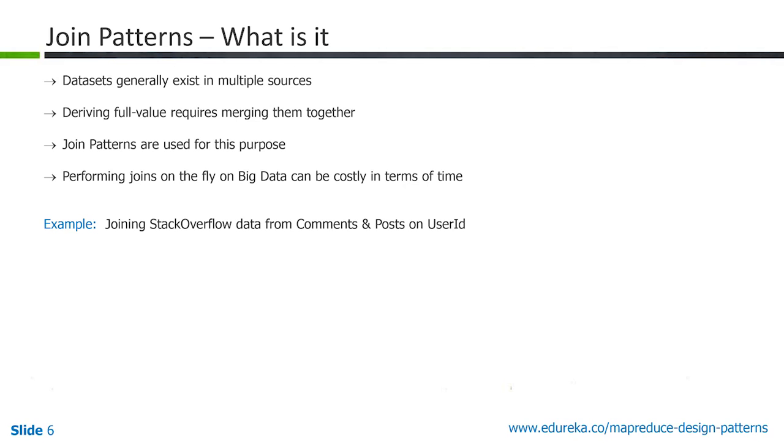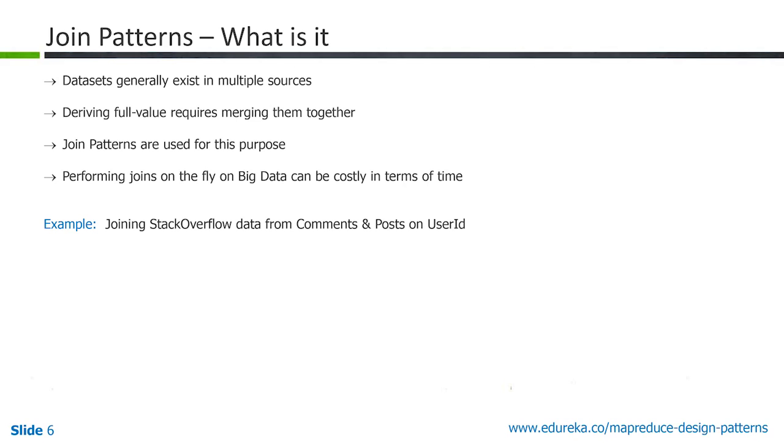In this course, the data set which we use for our purposes is the Stack Overflow data set. One of the examples there could be joining the comments and the posts on user ID. There is a table called posts, which contains all the questions and the answers which users have given on Stack Overflow.